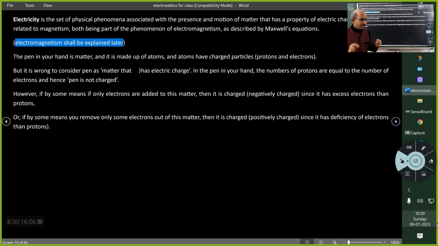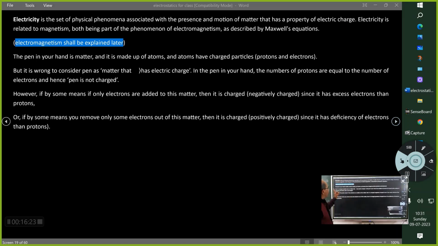That means there is some matter in motion, and that matter must have a property. Electricity is related to magnetism, both being part of electromagnetism, and we are going to learn something about Maxwell's equations. Just like Newton has three laws, there are four laws of Maxwell. For mechanics, Newton is the father. For electromagnetism, Maxwell is the father. So that is electricity.